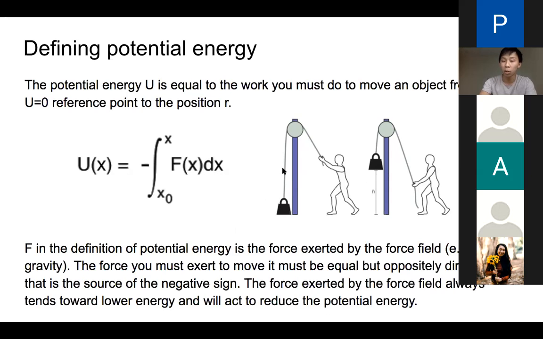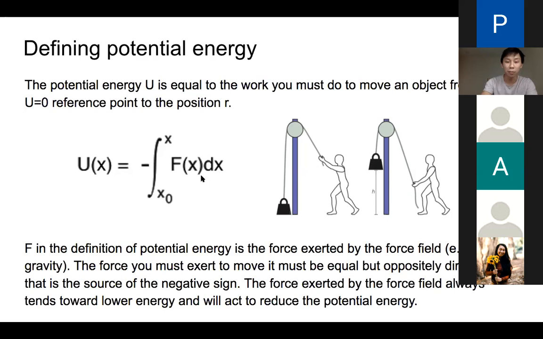The amount of work it takes to move from potential energy zero to height h is equal to the potential energy. So we can also express potential energy as the negative integral from x0, denoting the position where potential energy is equal to zero, to the point x where you're trying to measure, of the force with respect to distance.